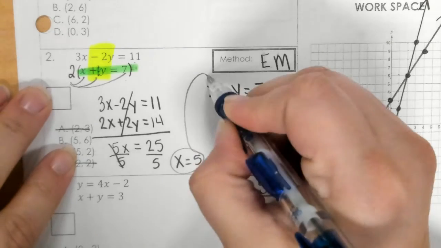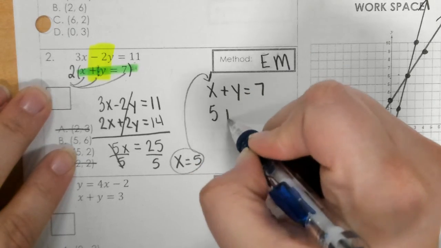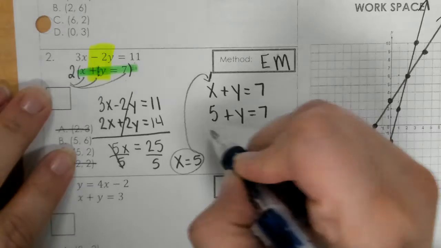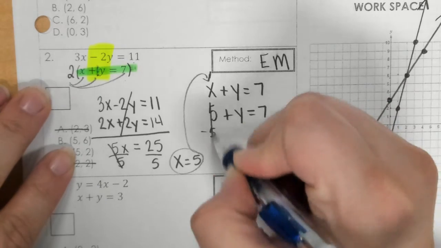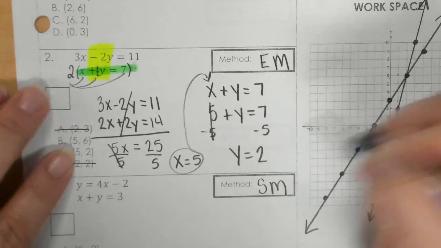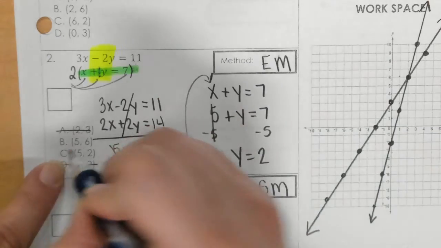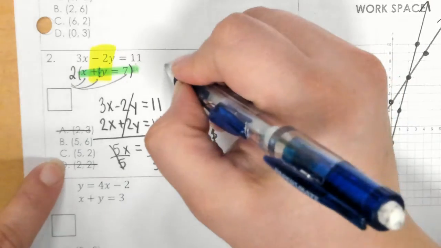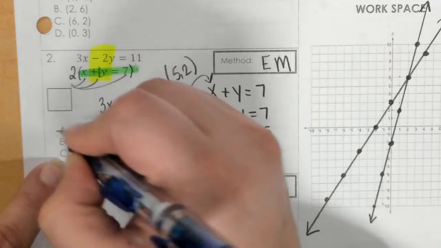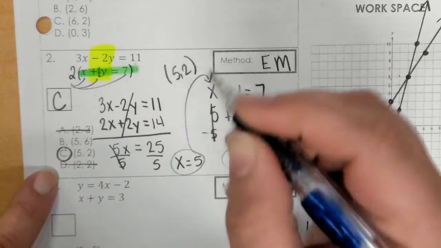And plug that 5 in for x. And if I subtract 5, we get y is 2. So that would be 5, 2, and that's C.